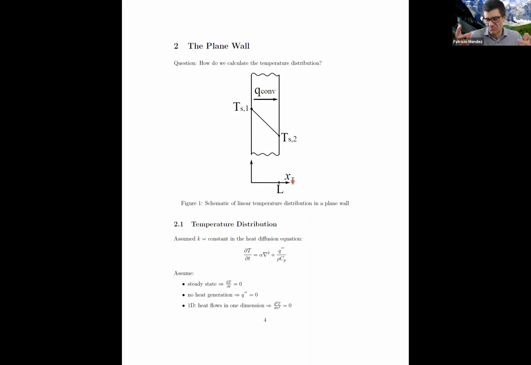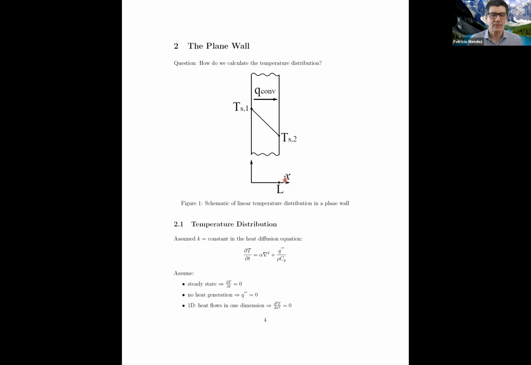It makes sense to some extent, but we typically say L is a length, and in this case, for the wall, this is the thickness. The reason we use L is because it's the distance traversed by the heat as it moves. The heat is moving in this direction.